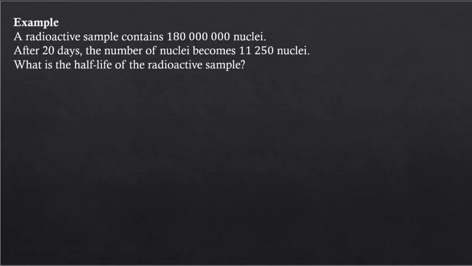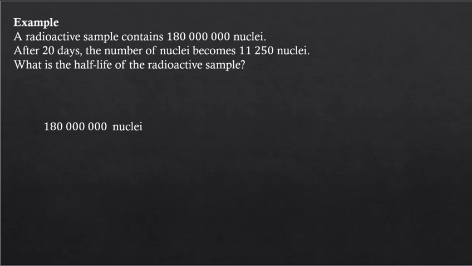Let us have another example. Consider here a radioactive sample containing 180 million nuclei. After 20 days, the number of nuclei becomes 11,250 nuclei. What is the half-life of the radioactive sample? So here we start with 180 million nuclei.